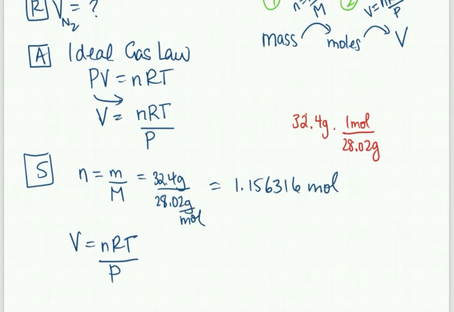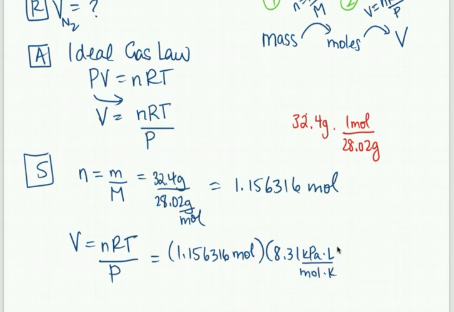Now we know our amount, so carry all the digits in your calculator and multiply it by the gas constant. Remember that the k is lowercase, so it's kilopascals dot liters per mole dot kelvins.